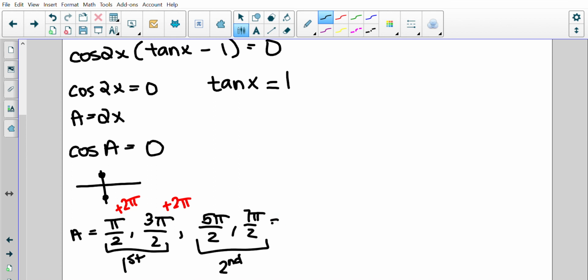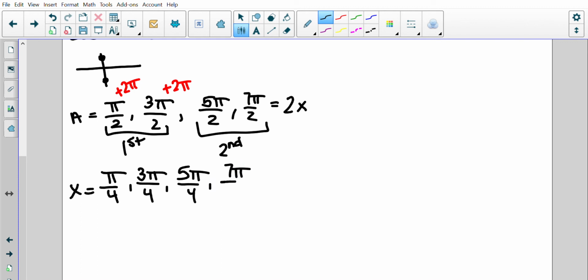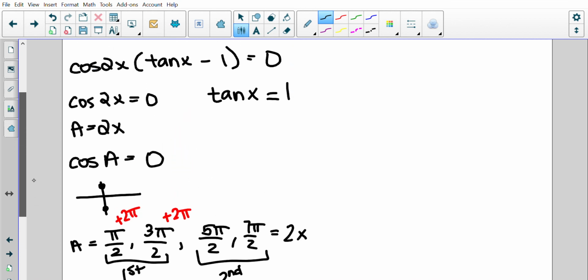And again, this is all equal to 2x. We don't want 2x, we want 1x, so I'm going to multiply everything through by 1/2. So we get pi over 4, 3 pi over 4, 5 pi over 4, and 7 pi over 4. Okay, and then over here, we're just solving when tan x equals 1.